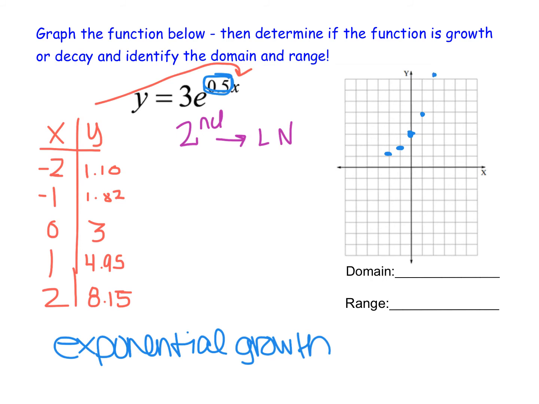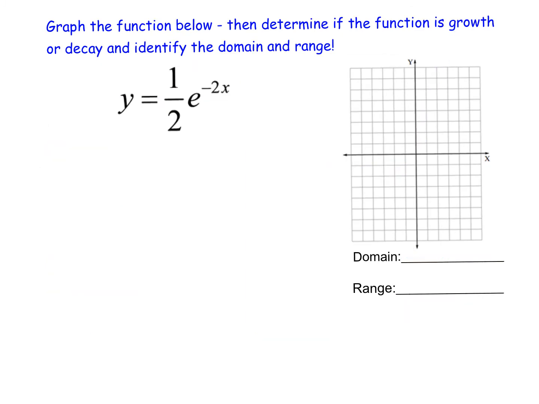So I can see that as I expected, it is growing over time, shooting up there, and then it's going to get very close to my x-axis, but not quite cross. So my domain here is going to be all real numbers. And then my range here is going to be y is greater than or equal to 0.